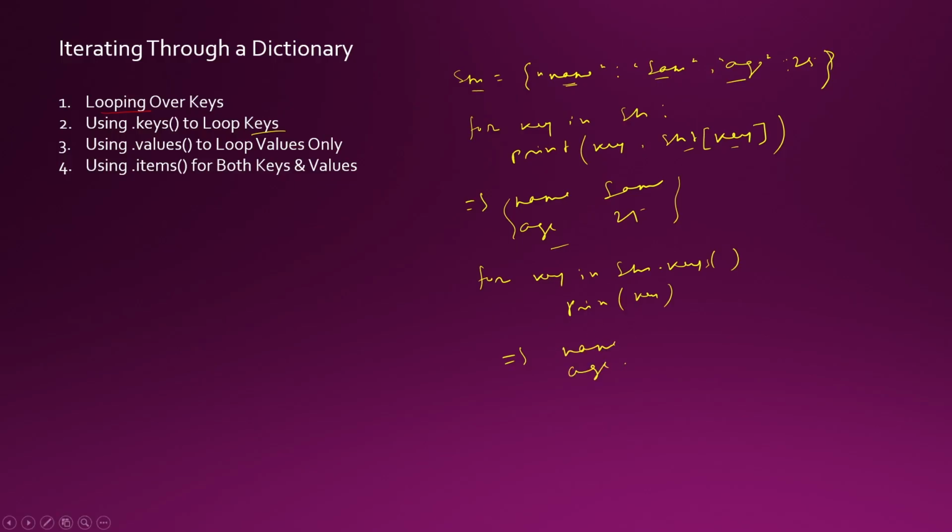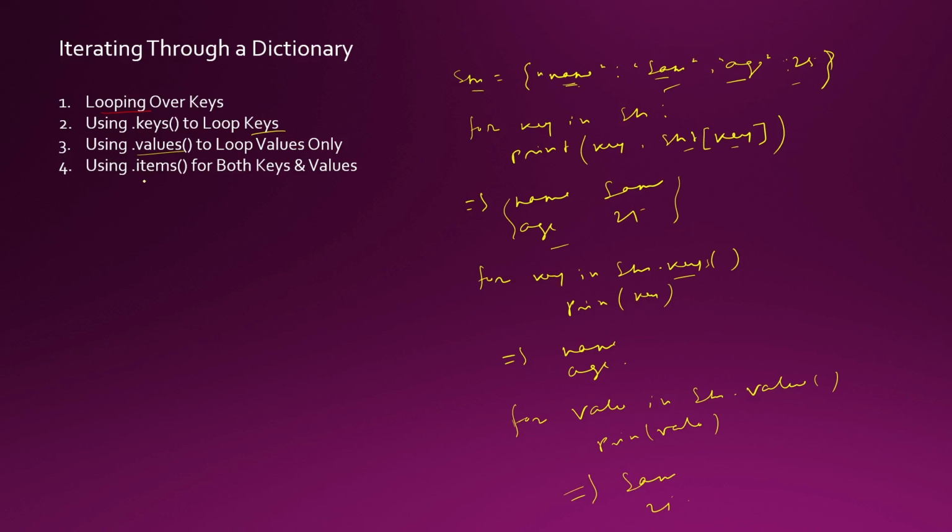In the same way we can use dot values to get all our values. If I write for value in student dot values and print my value, then all the values, Sam and 25, will be output.